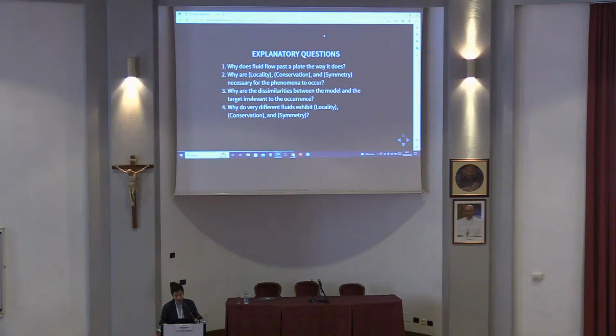But also, more importantly, perhaps, the model allows you to answer questions like why these similarities, locality, conservation, or symmetry, are necessary for the phenomena to occur, and also why those dissimilarities, the ways that the model and the target diverge from one another in seemingly significant ways, are actually irrelevant to the behavior that you're trying to explain.